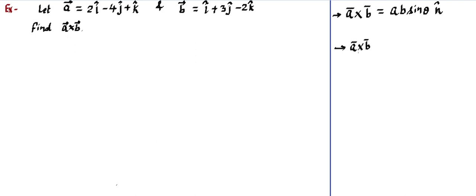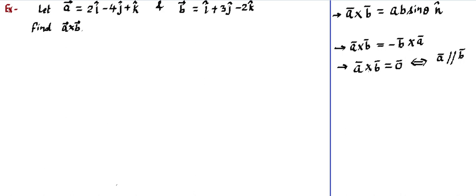And properties we recall: A cross B is not equal to B cross A, it's rather equal to minus B cross A. That means the direction of A cross B and the direction of B cross A are exactly opposite to each other. And we have also understood that if the cross product of two vectors is 0 and the vectors are non-zero, then we can claim that A vector is parallel to B vector, or you can call them collinear, and that can be claimed both ways.